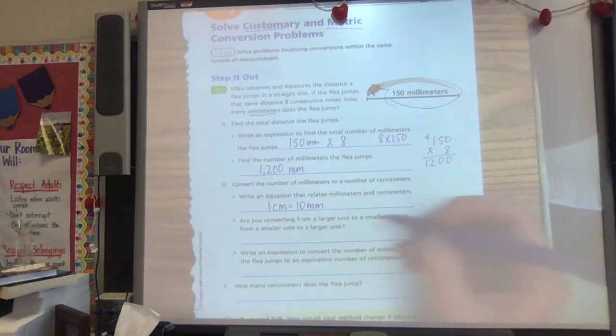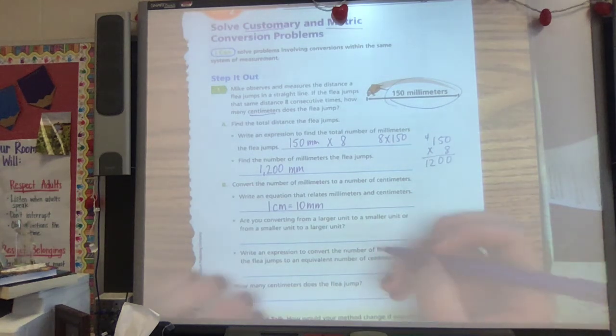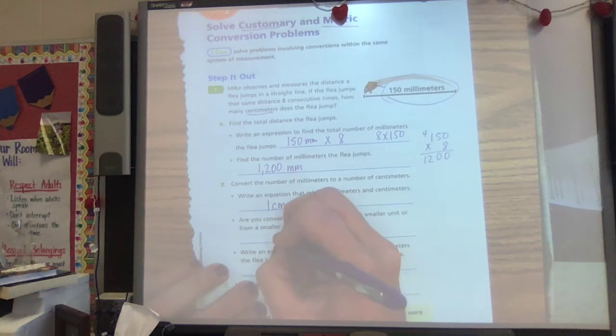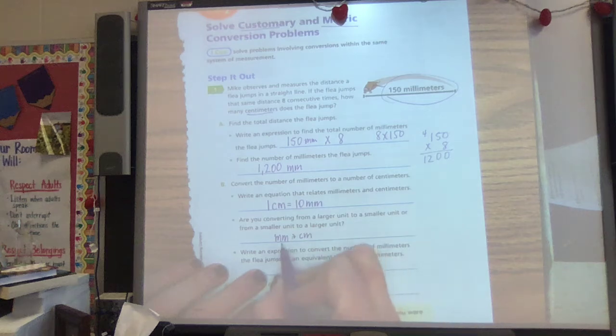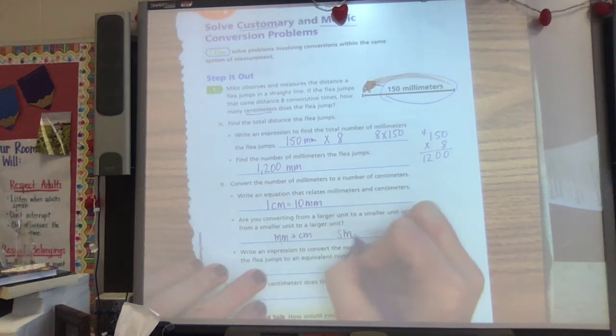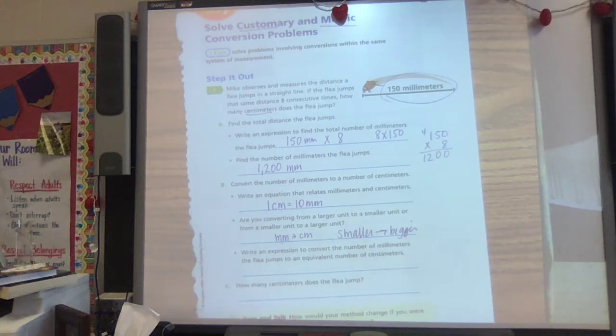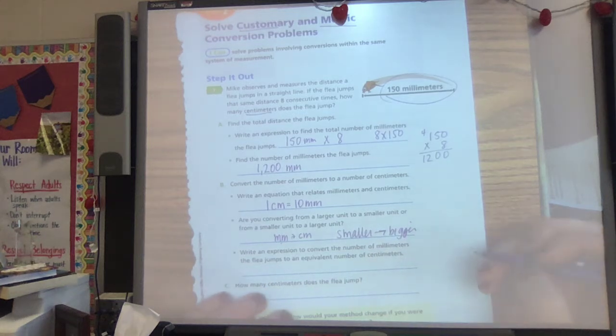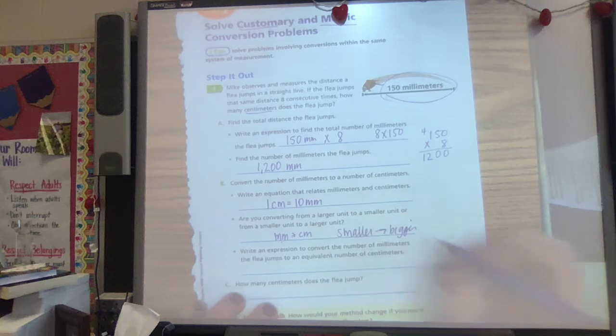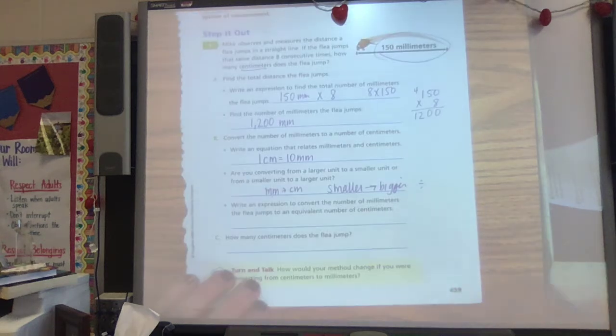Are we doing smaller to bigger or bigger to smaller? If I'm moving from millimeters to centimeters, smaller to bigger, I'm going to divide. Smaller to bigger always means we're dividing.